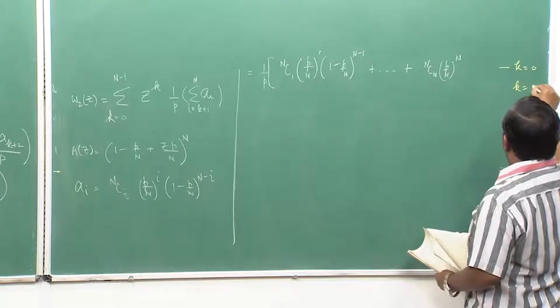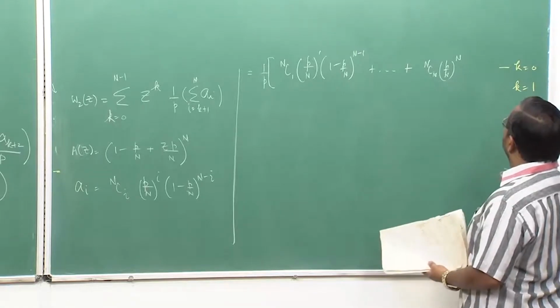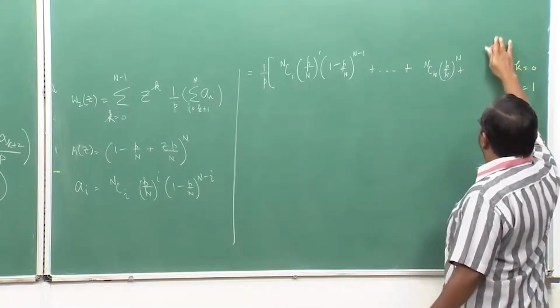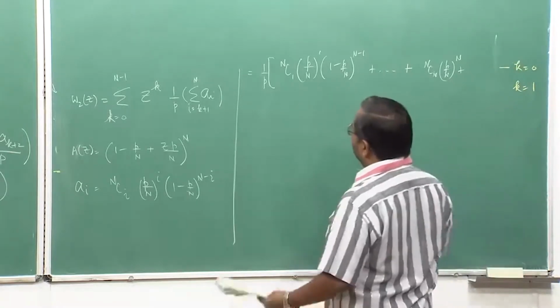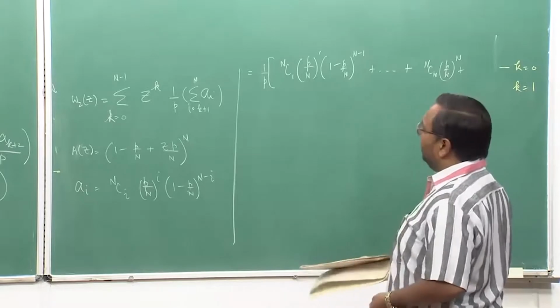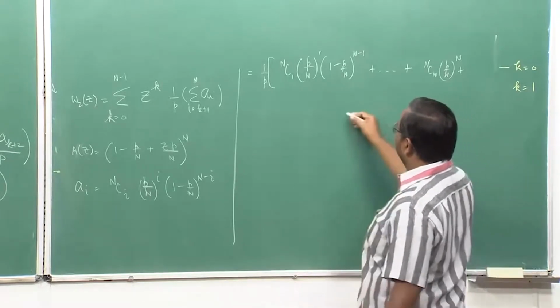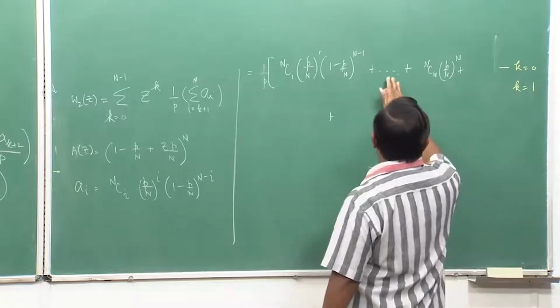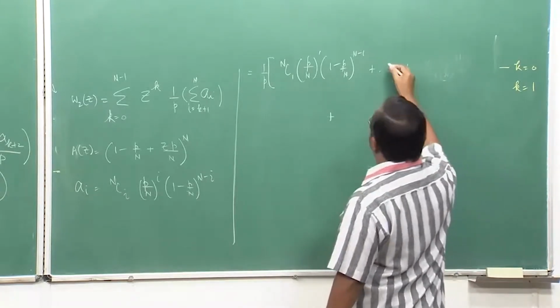Now, let me write down what will happen for k equal to 1. So, this summation, I will write it here. When k is equal to 1, I will add the second term here. In fact, let me add a second term also, that will be great.